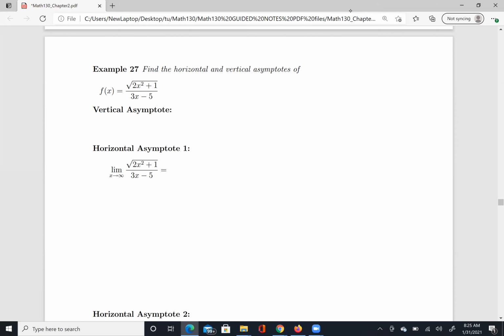And what should you do for this case? Okay, so for the vertical asymptote, we need to find where the denominator equals 0. We need to find when it becomes 0, right?